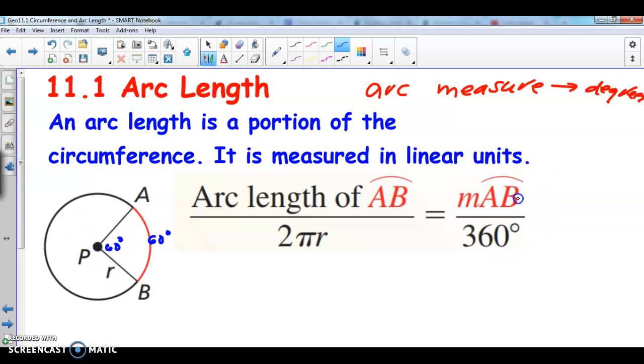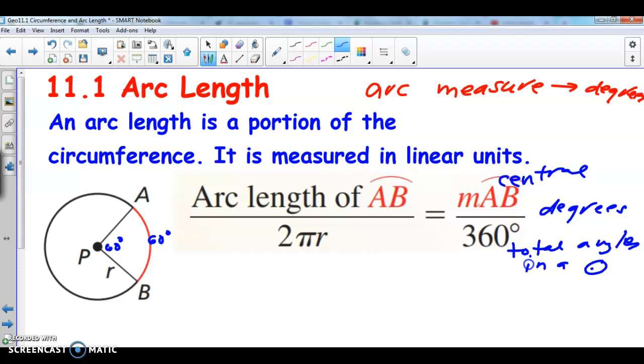So that ratio is actually given by the right-hand side of this equation. This is measured in degrees. The numerator is the central angle versus the total angles in a circle. That's one ratio.